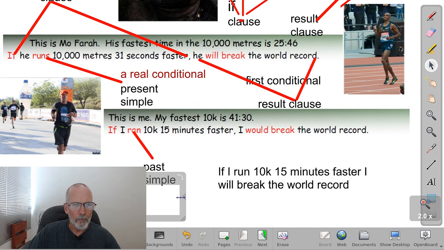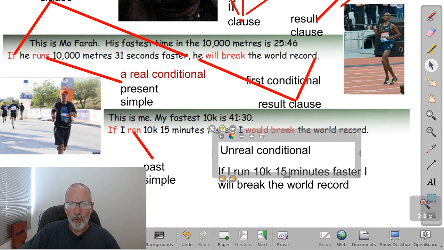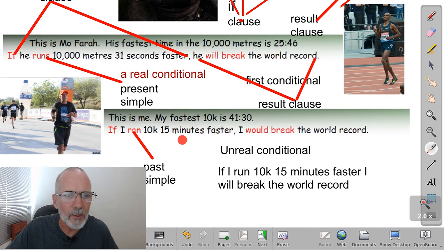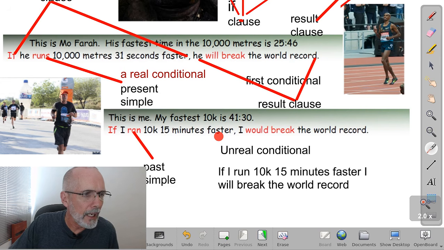It's impossible. Well, I guess it's not impossible, but it's extremely unlikely that I can run 10 kilometers in 25:30 and be world champion. This is completely hypothetical.